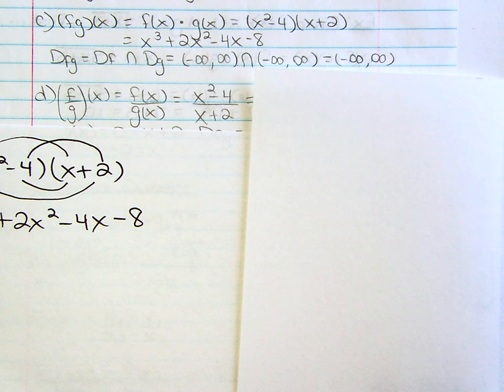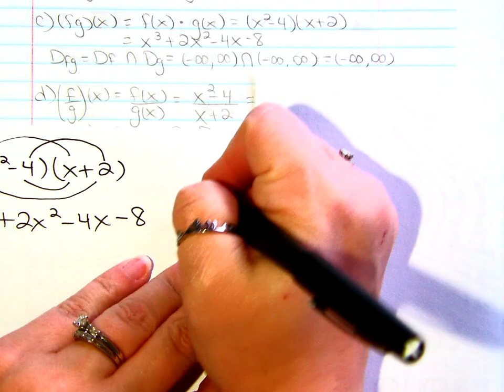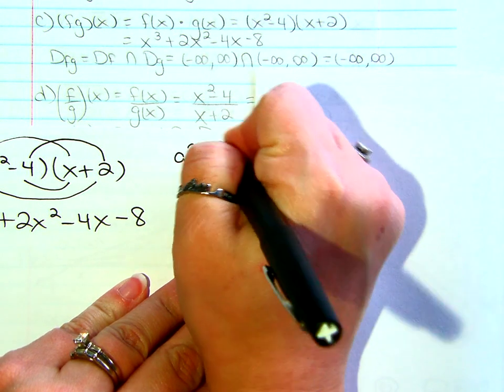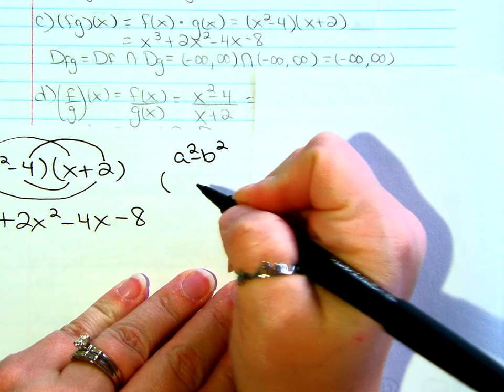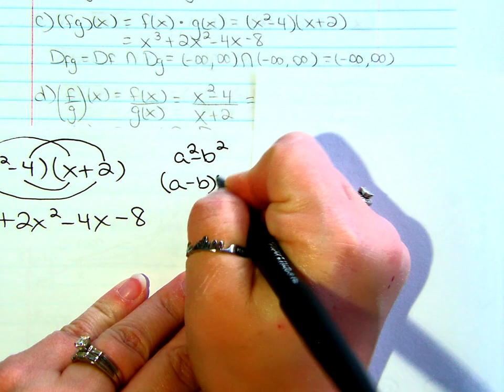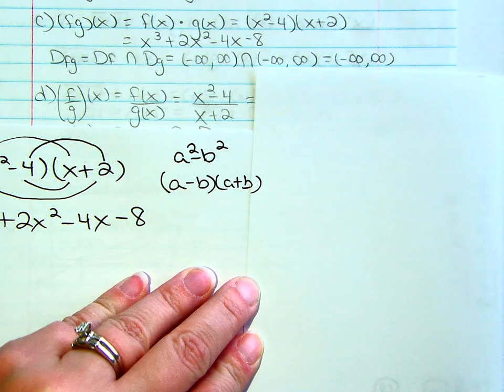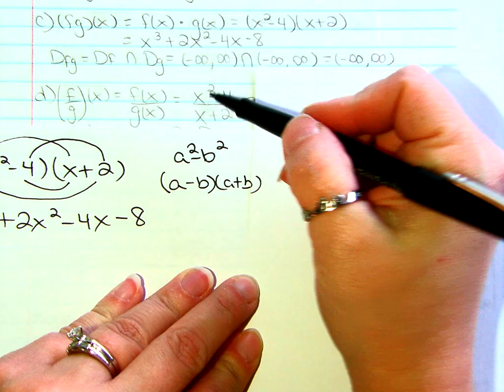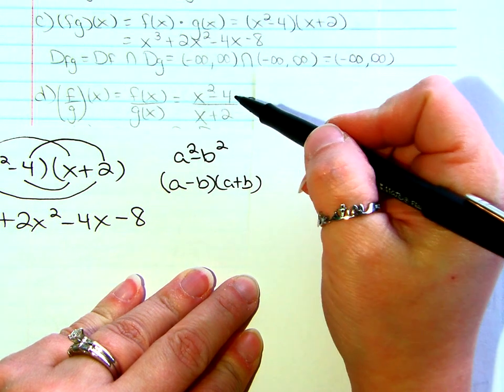Now, hopefully that x squared minus 4 sparks a little reminder in your mind that it's a difference of squares. If you have a squared minus b squared, a difference of squares means you have an a minus b times an a plus b when you factor it. X squared is obviously a squared, and 4 can be a squared because it is 2 squared.